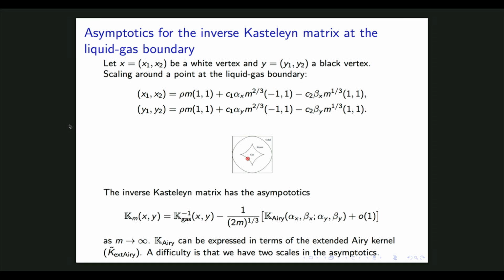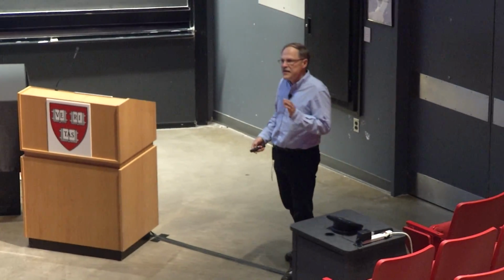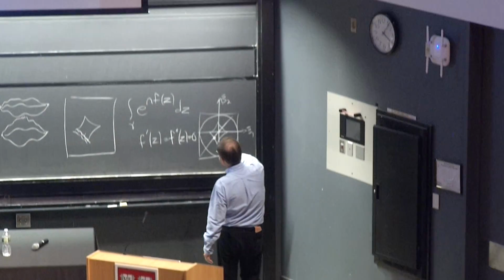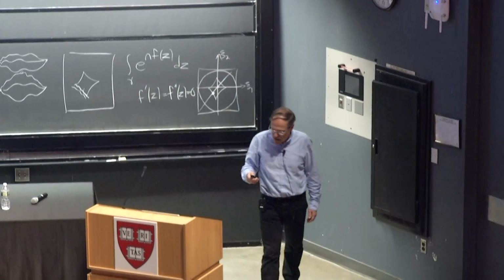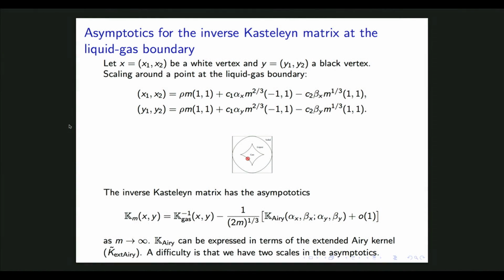It lives at one scale, and this lives at a much smaller scale somehow. If I had been at the other boundary, at this liquid-solid boundary, then I would only be seeing this part, and this would be trivial. This is fixed, in some sense.